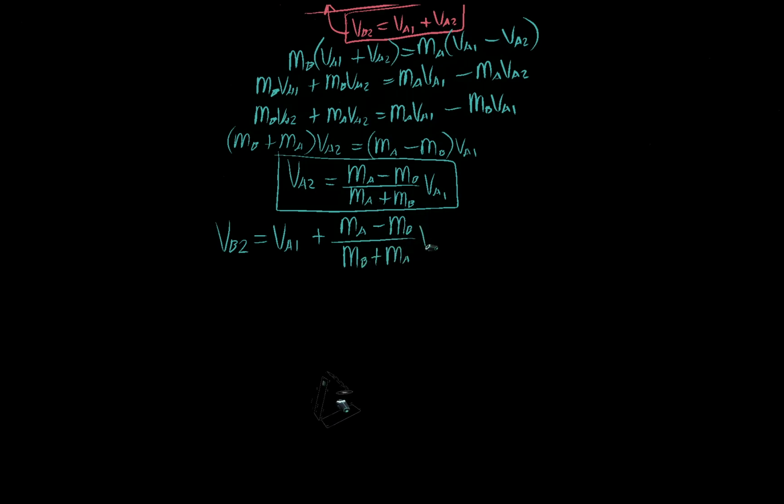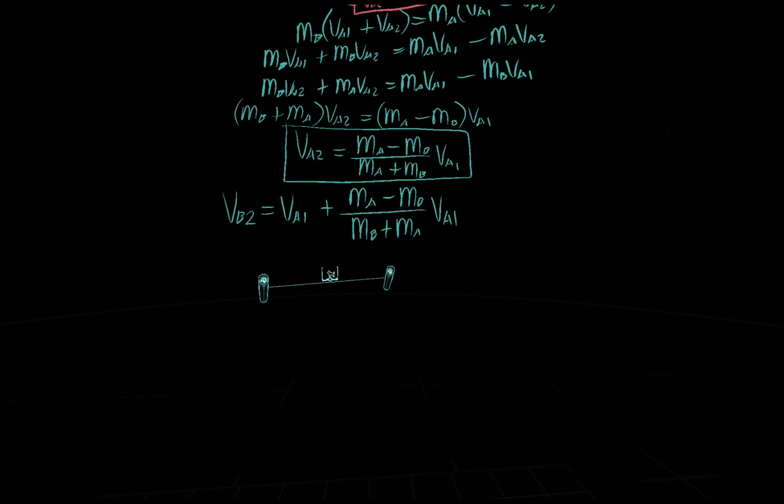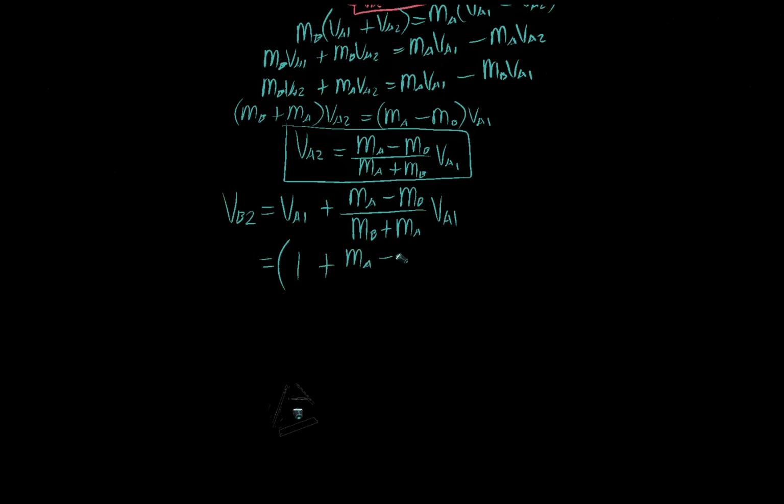Just switched them. VA1 for no reason. Then we're going to pull these out, so that's going to be equal to 1 plus MA minus MB over MB plus MA, all that times VA1.